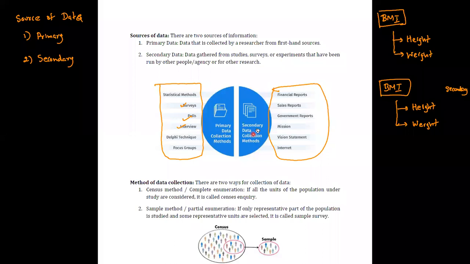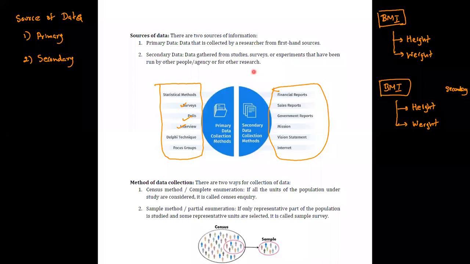Therefore, whatever purpose you have, it may be a general purpose or a special purpose, it is unethical if you are using secondary data without the knowledge of the people or the agency who own this data. So that is the next thing you have to keep in mind.